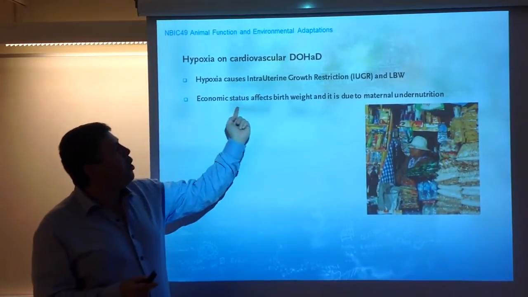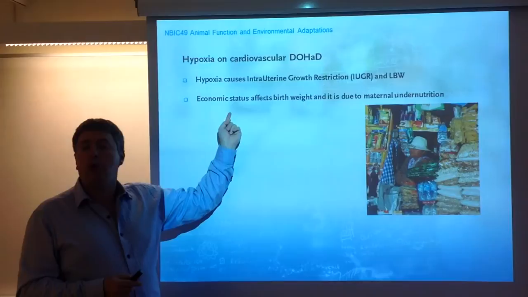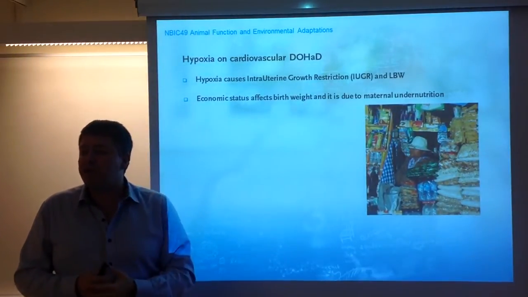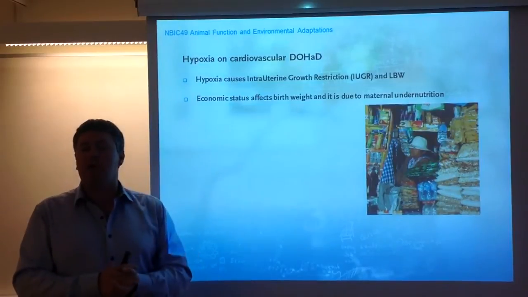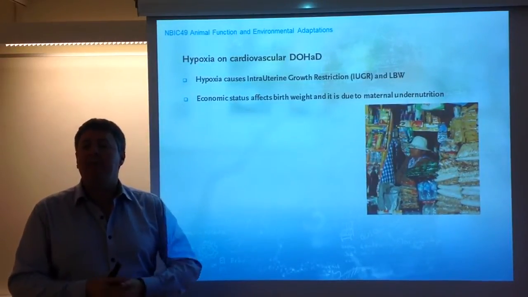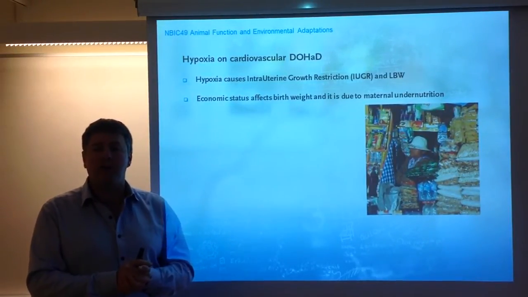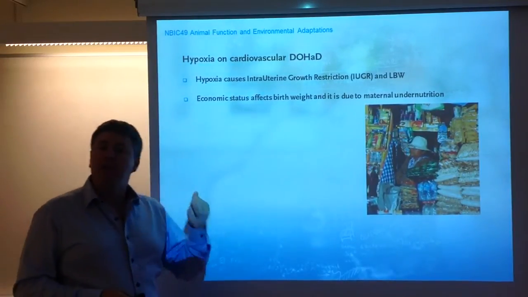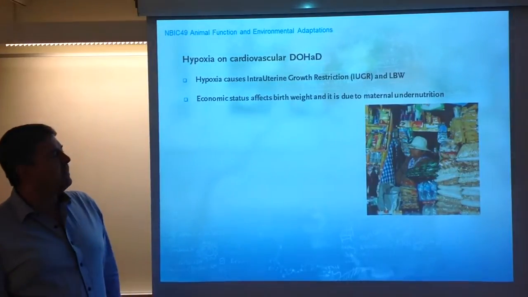And that's because basically there is a direct link between economic status and maternal undernutrition. Poor mothers usually cannot afford to feed equally well, and there is a malnutrition during pregnancy that can have long-term consequences. When you combine this with hypoxia, there are some interesting results that have been published.